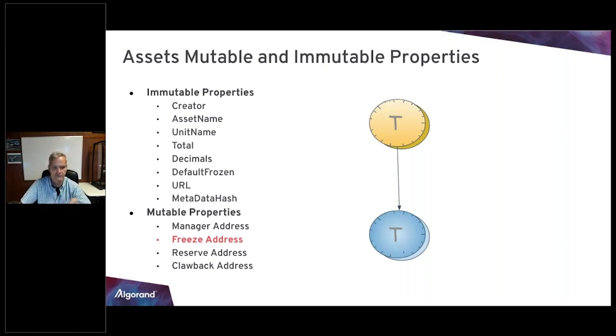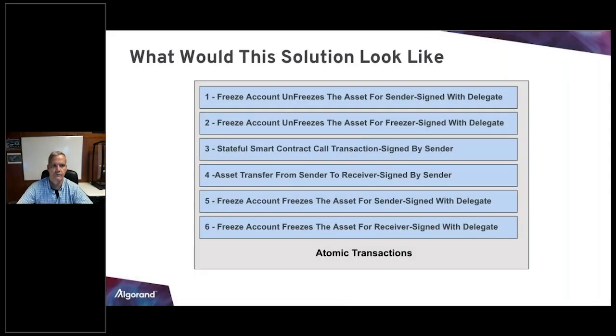Okay, so say we have this freeze address. Well, this whole solution would look like this. The freeze account unfreezes the asset sender, let's say Alice, and unfreezes the asset receiver, say Bob, and they're both signed with a delegate signature, which is some logic that is signed by the freeze account.